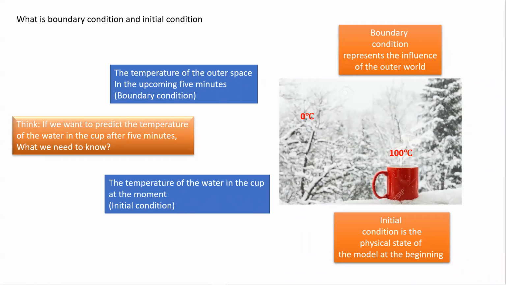That's what we call the initial condition of that cup of water. And the second thing we need to know is the air temperature outside the cup, right? Because once we know that information, we can know how fast the temperature in the cup will reduce. And that's what we call boundary conditions for the water.